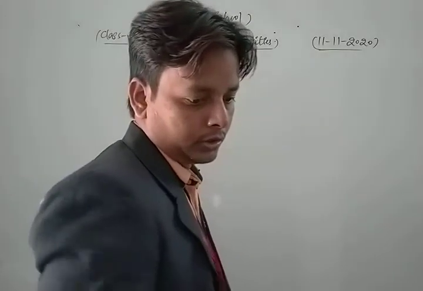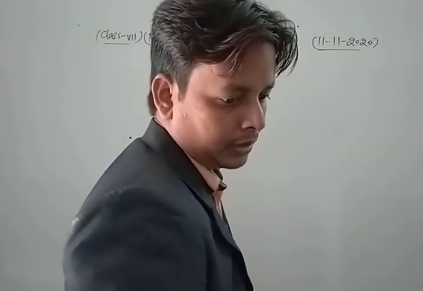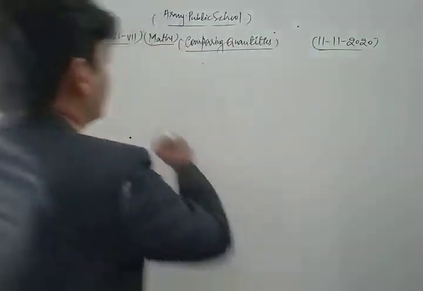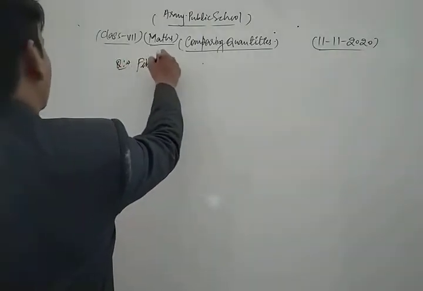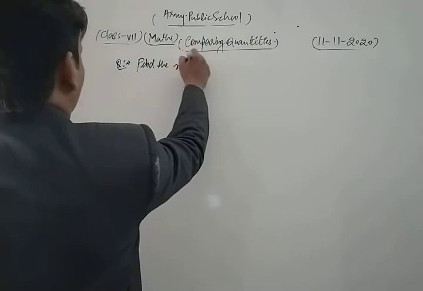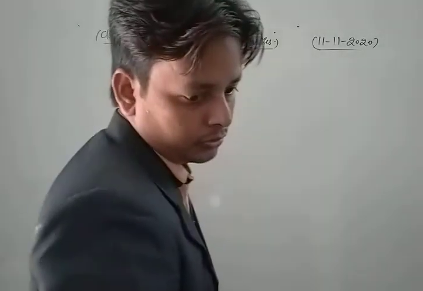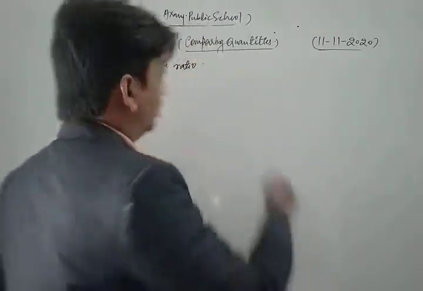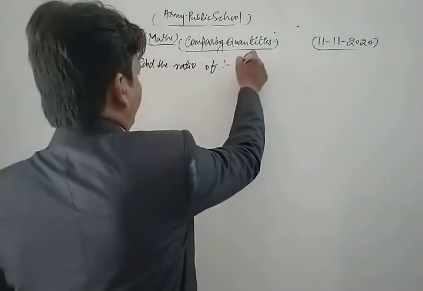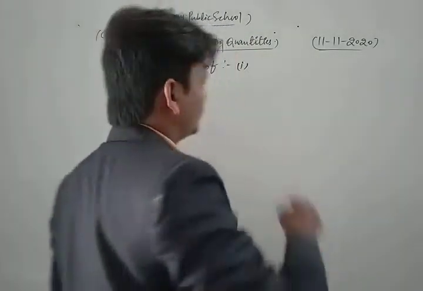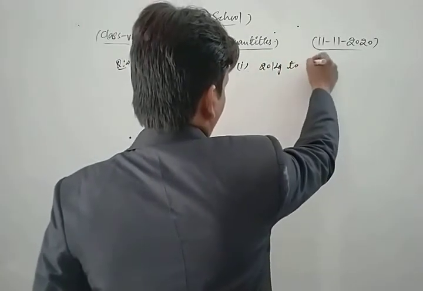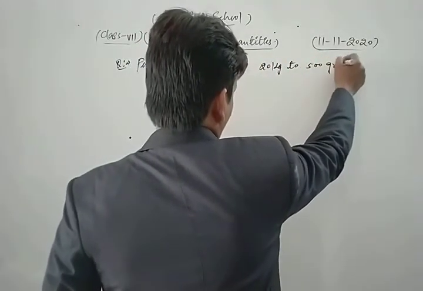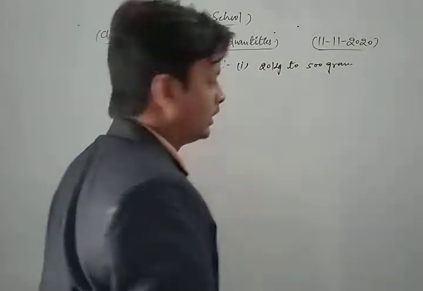Now, your question is: find the ratio of, first point, 20 kg to 500 gram.